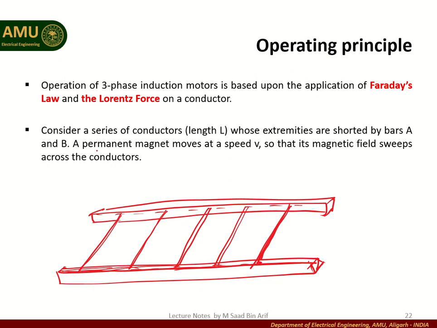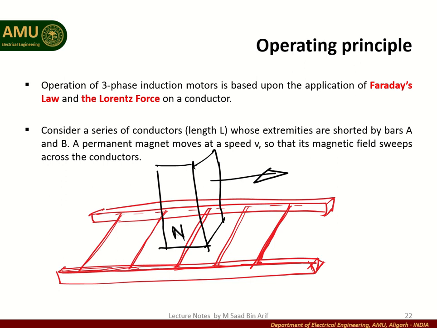Now a permanent magnet moves at a speed v, so we use a permanent magnet. For example, we have a permanent magnet like this in order to establish a magnetic field. If this is the north pole of the magnet, and this magnet is basically moving in this direction.